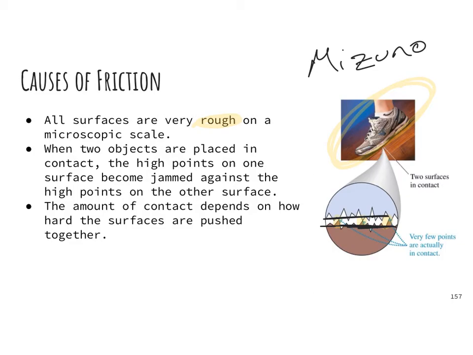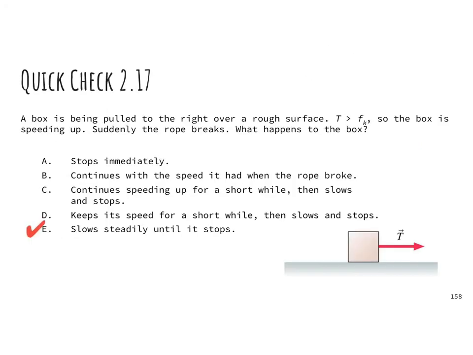So when you get good athletic shoes like Mizuno shoes, they have extremely high coefficients of friction because of the design on the bottom of them, and that allows you to get much better traction. And with better traction, you can get greater acceleration. So people need good shoes when they play sports like basketball and volleyball because it gives them good traction because of the rough contact between the surface and the shoe.